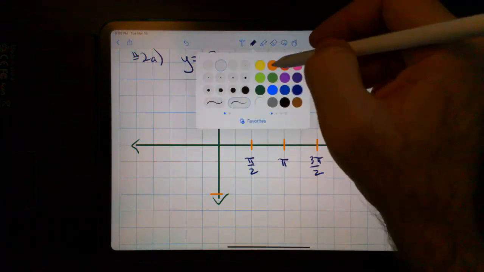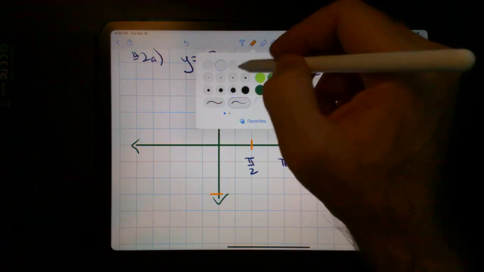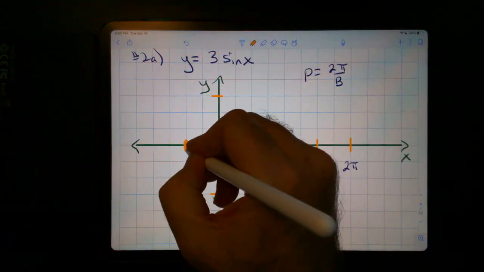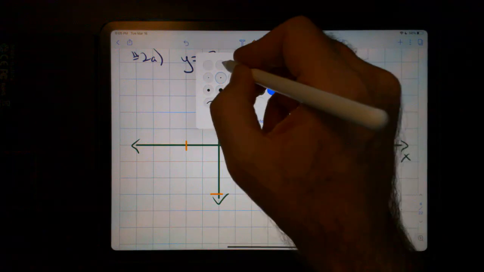And if you want, you can also go negatively, because this is a periodic function. This goes to infinity in both the positive and negative directions.